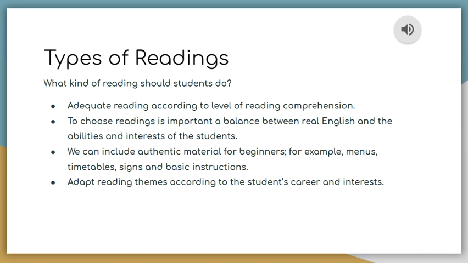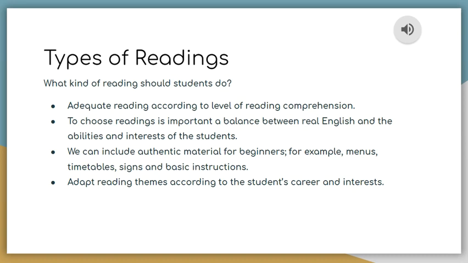For example, if we give a reading that is authentically directed for native-speaking readers, non-native students with a low level of reading comprehension can find it difficult to understand. It is relevant to take into consideration a balance between real English and the abilities and interests of the students in order to adapt readings appropriately.